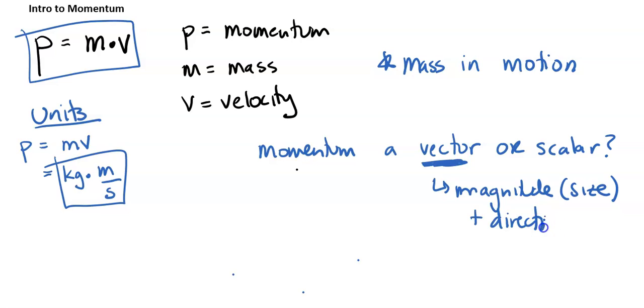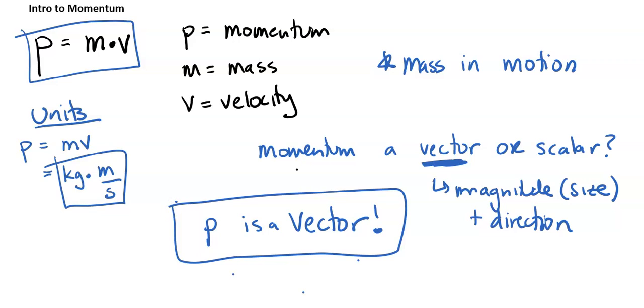Since momentum is associated with velocity, it is going to be a vector. So momentum is a vector. We're going to have to worry about directions, and when dealing with momentum in both the x and y parts, we're going to have to split it up into the x and y components.